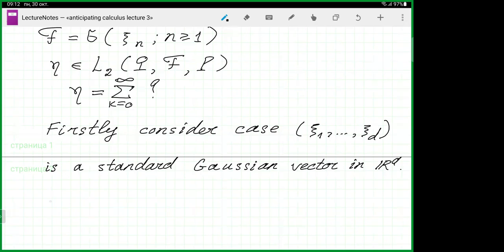Namely, suppose that I have k1, ..., kd, which are integer numbers greater or equal than 0.